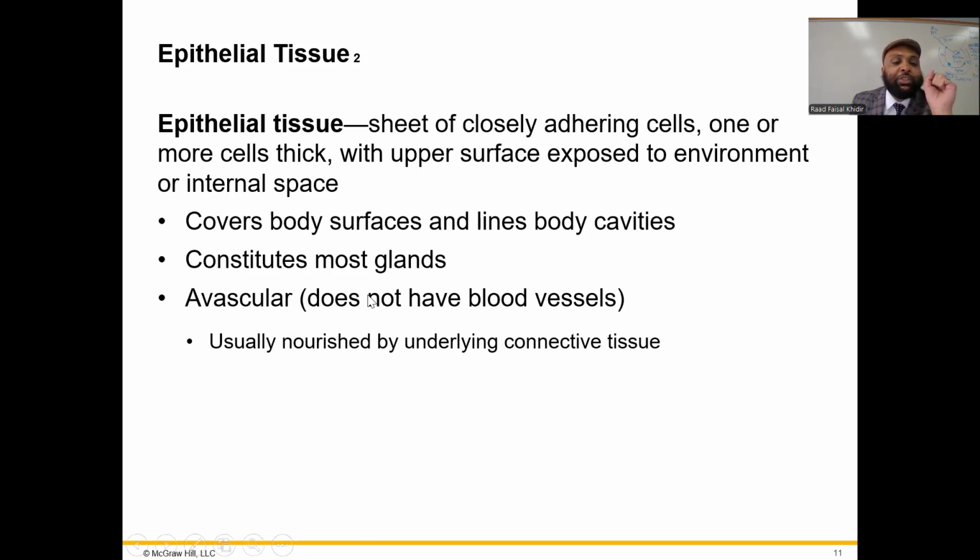The epithelial tissue covers the body surfaces and lines the body cavities. So it's from the outside and the inside. If you are facing the external environment from the outside, it is your epithelial tissue that is in proximity with the external environment.